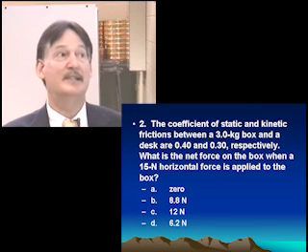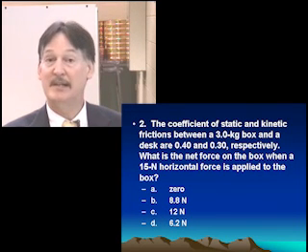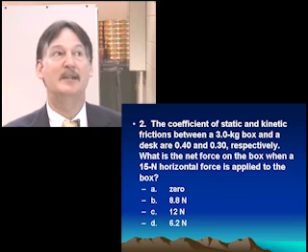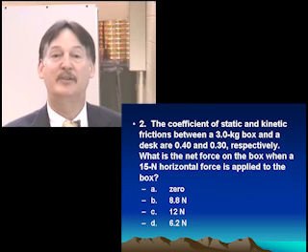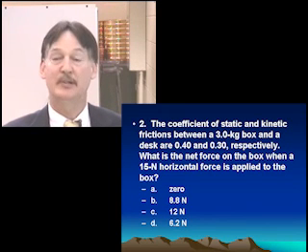We're applying 15, and we're being resisted by approximately 9. So that means that, in fact, the net force on the box is approximately 6, or D. Knowing the net force, knowing the mass of the box, we would know the acceleration. Knowing the acceleration, we would know the position and velocity at any time.